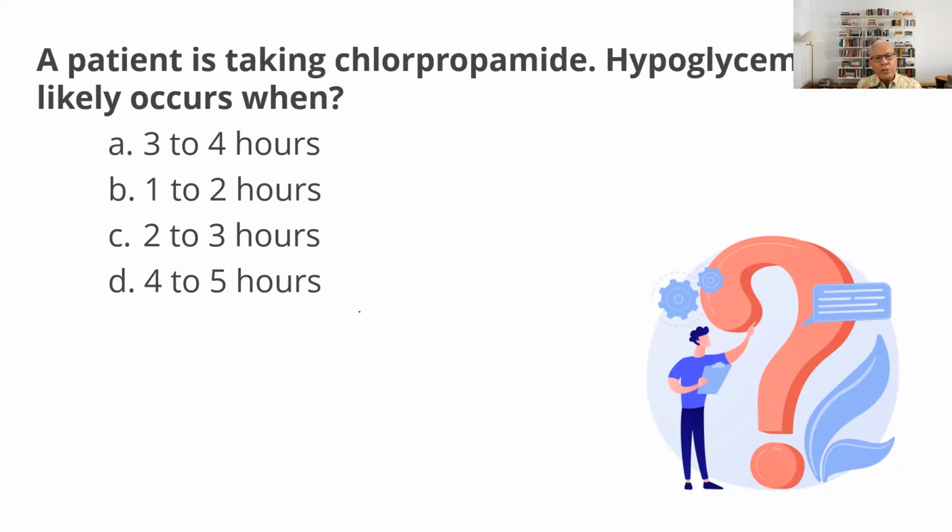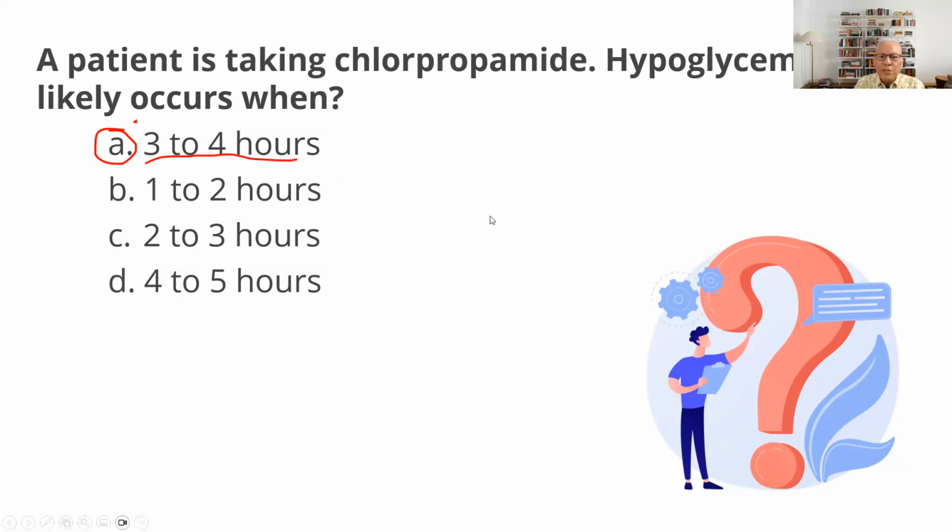All right, because these drugs are going to increase secretion of insulin, it's going to have the potential of causing hypoglycemia. And it usually is going to peak between 3 to 4 hours. You are correct. So it's supposed to peak in around 3 to 4 hours.